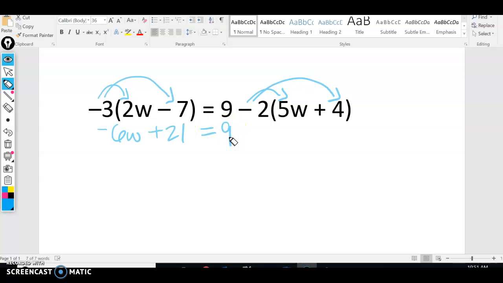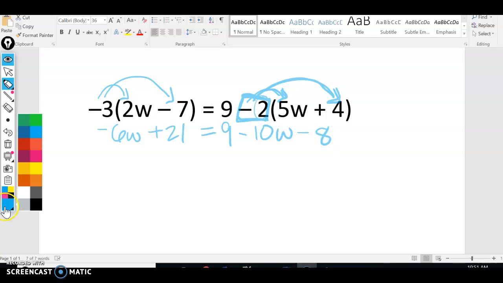And here's a big mistake that I think you may make. This 2 is being distributed, but it's not a positive 2. It is a negative 2. Always look on the left of the number to check if it's positive or negative. So we're distributing the negative 2 here. Negative 2 times 5w is negative 10w. And then distribute the negative 2 to the 4, which is negative 8.